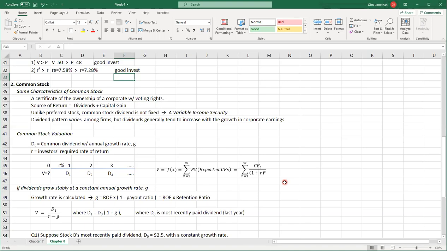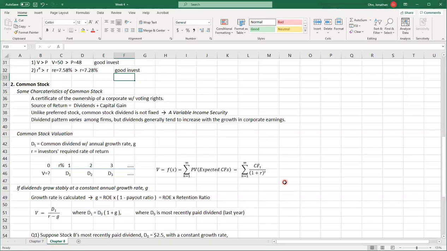Unlike preferred stock, the common stock dividend is not fixed. I told you the bond coupon interest and preferred dividends are fixed, pre-fixed. But the common stock dividend is not fixed.